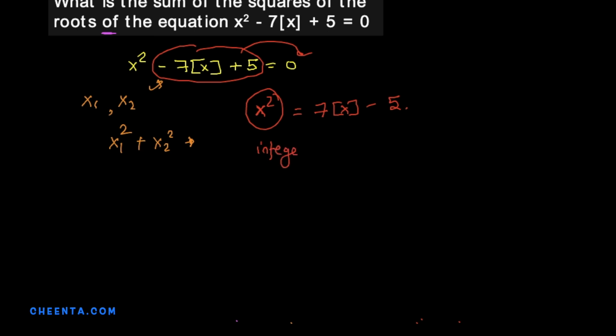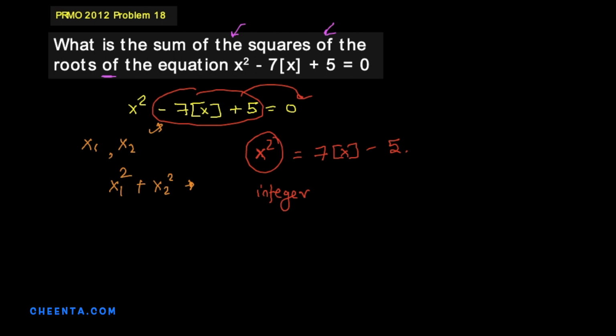Use this particular idea as a hint and try to finish up this problem, and a link in the description will take you to the next video, which is the second part of this problem. But before you go to the second part or look at the hints, think about this. You already have the value of the square of the number which satisfies this equation.